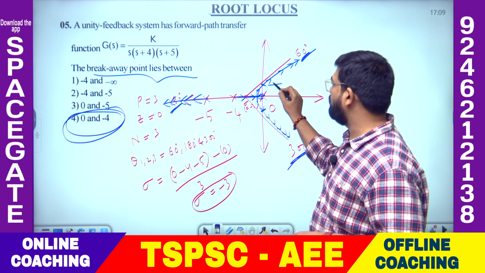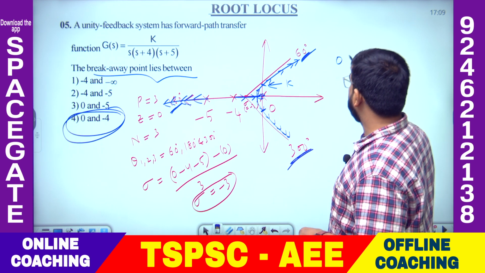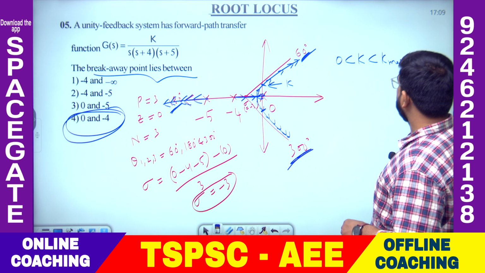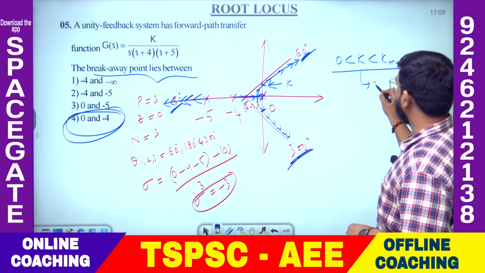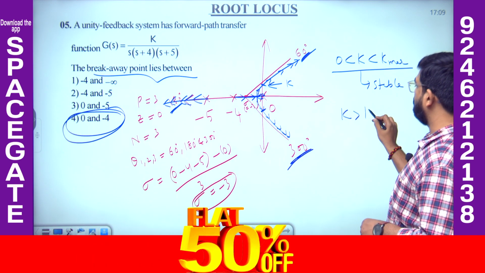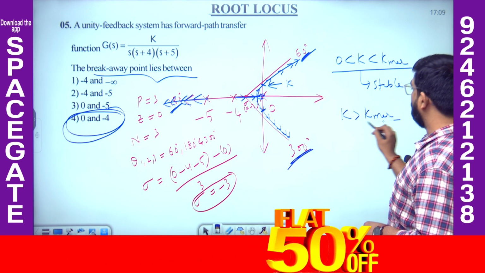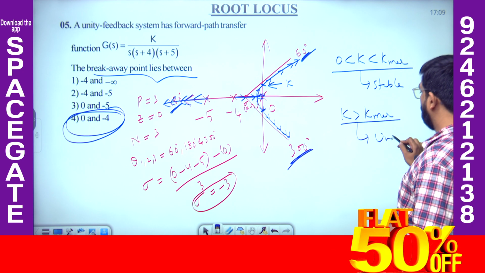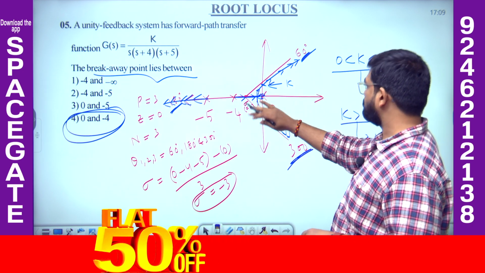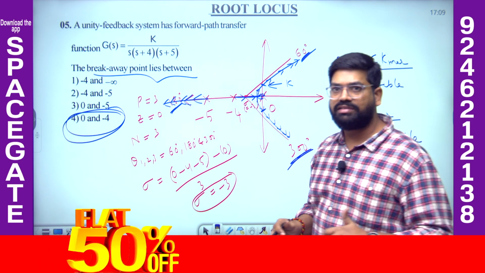That gives k marginal, which means for k between 0 and k marginal only the system is stable, because when k is greater than k marginal, the system automatically falls under the unstable category, beyond this crossing point.